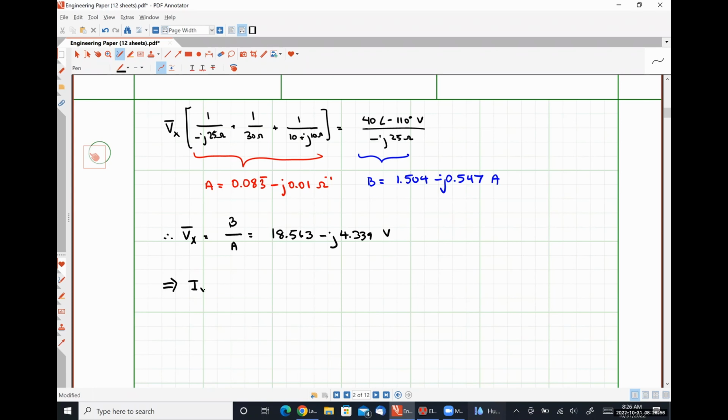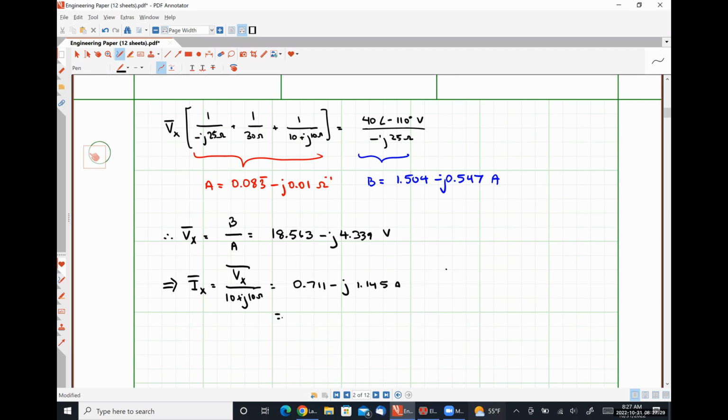And from here, our current Ix is simply Vx over 10 plus J10. Or 0.711 minus J 1.145 amps.